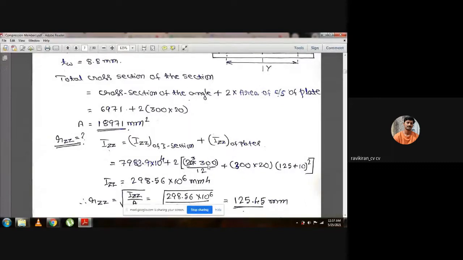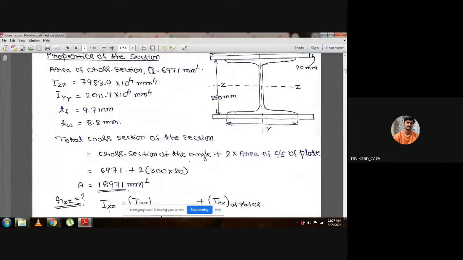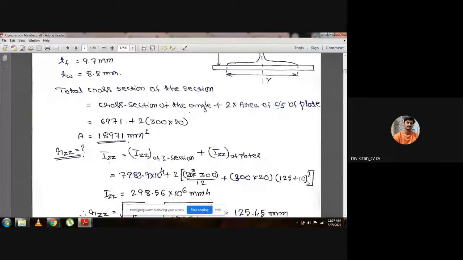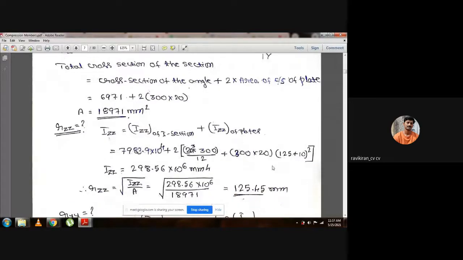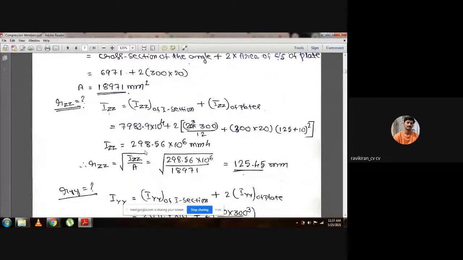The breadth of the plate is 300 millimeter. The depth of the plate we considered 20. BD cube divided by 12 plus area, 300 into 20 in the ZZ plane, multiplied by H square, where H is 125, half of the depth, that is 250 by 2, plus 10. 10 is half of the plate. If you do this, we get the IZZ value as 298.56 into 10 power 6 millimeter power 4.